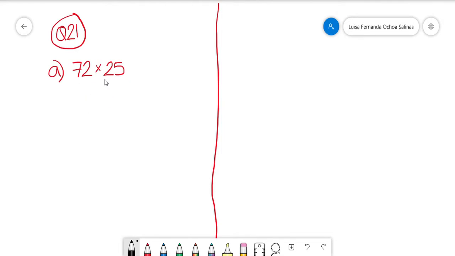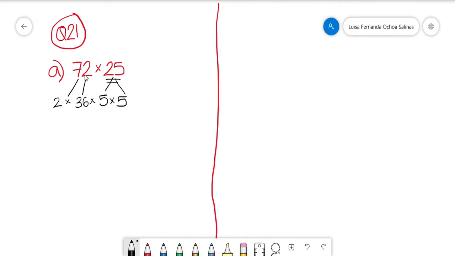Every time that I'm looking at 25, I know that I can divide it into 5 times 5. Agree? Great. And this 72, I'm going to divide it by 2 times 36. Good.